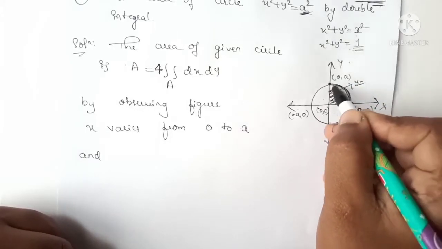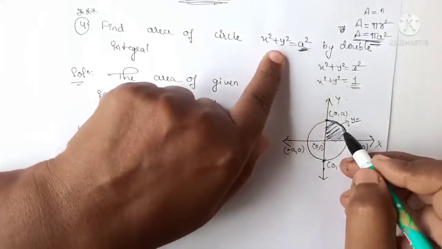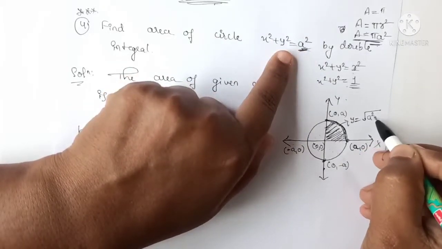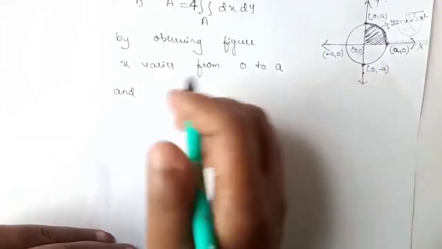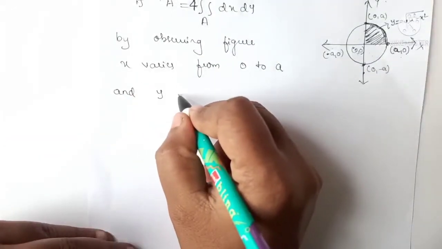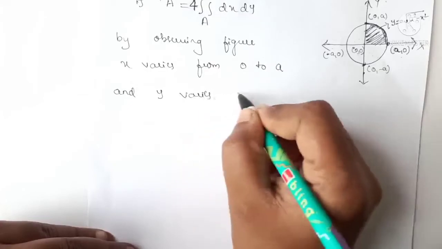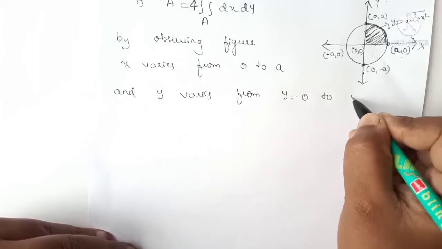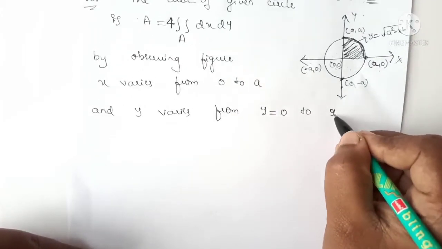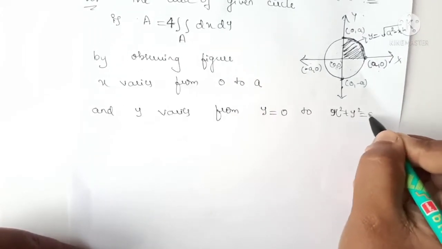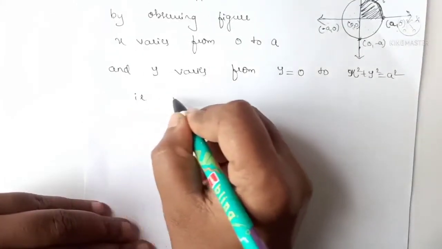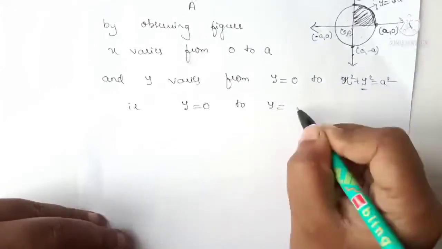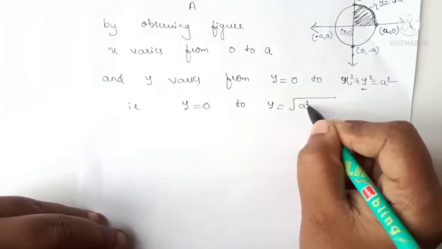This circle is given by the equation x square plus y square equals a square. Separating y, we get square root of a square minus x square. Thus the y variable varies from y equals 0 to y on the curve x square plus y square equals a square, that is y equals 0 to y equals, separating y here, square root of a square minus x square.